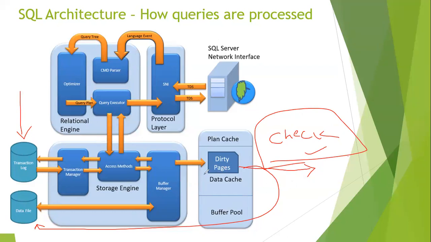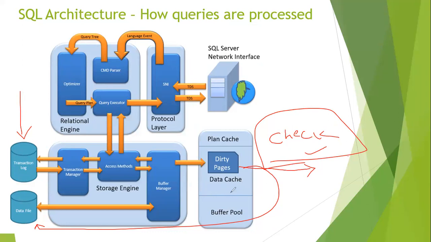I didn't understand. Maybe I'll repeat. My question is, initially one transaction is happening, and it is recorded in the transaction log first. Then from that transaction log we have a dirty page.